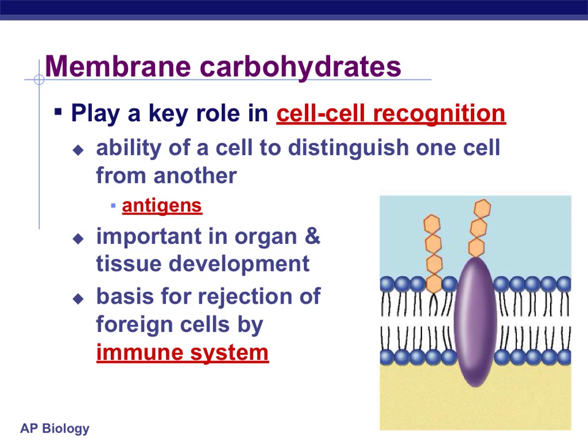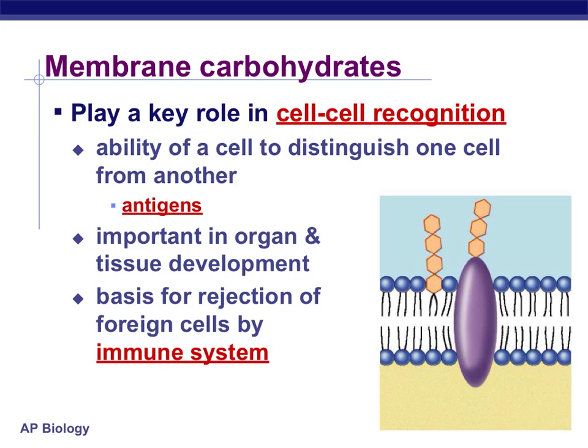So these things are going to recognize certain substances that are very specific, helps the cell distinguish one cell from another. In the immune system, those specific cells are going to recognize foreign cells and identify them as harmful or not. And for instance, the antigens of red blood cells, the groups A, B, and O, they differ in their external carbohydrates that are on those red blood cells. Therefore, the body itself is able to recognize whether a blood type is the proper one or whether it's the wrong one.